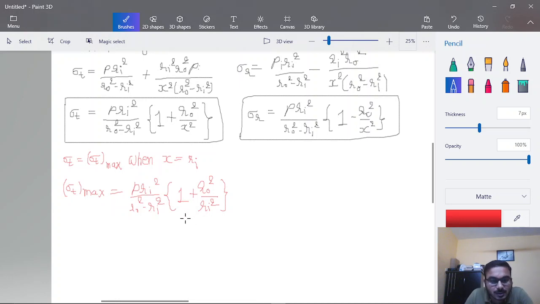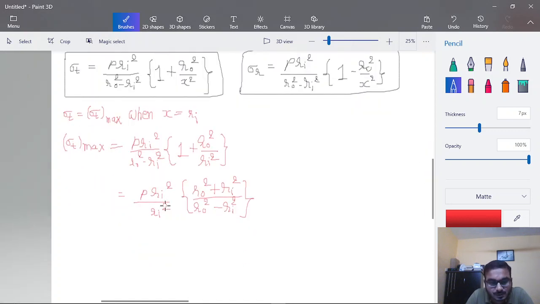Now if we further simplify this, then we will get P Ri square upon Ri square into Ro square plus Ri square divided by Ro square minus Ri square.